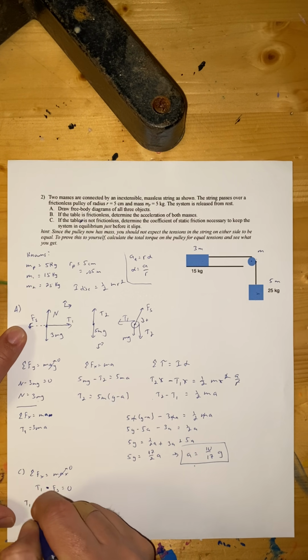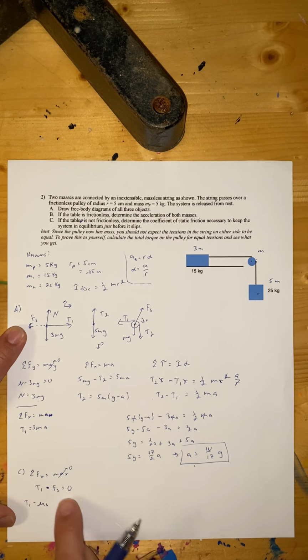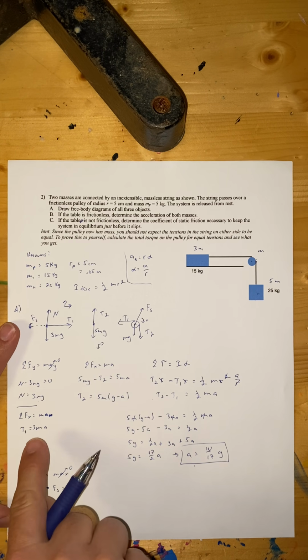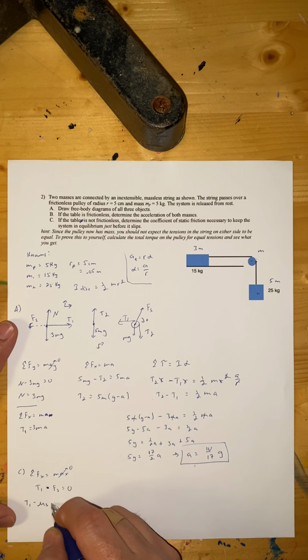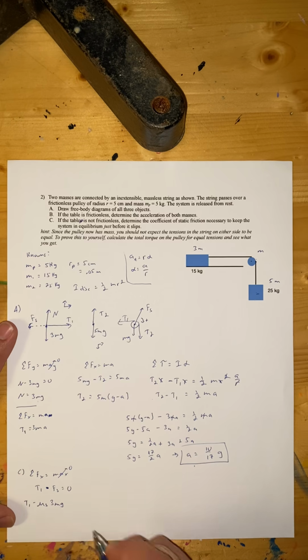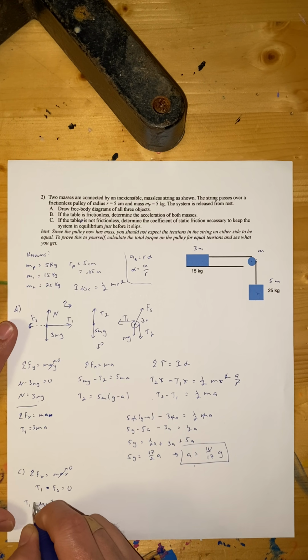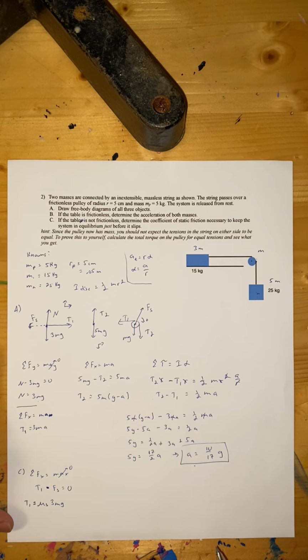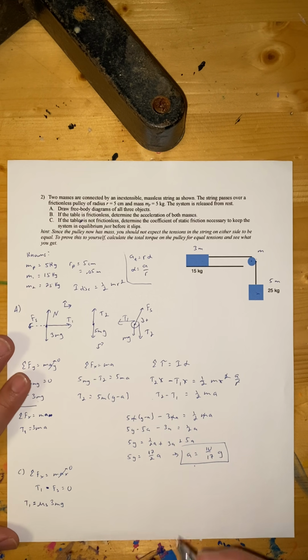So that's T1 minus mu static. Now, what's the normal force? Well, it's right here. Mu static times 3mg. And that's equal to 0, so let me just move that over and say that T1 is equal to mu static 3mg. All right, so I could solve for mu static from here. That's what I'm looking for, but I don't know what T1 is, right? So we have to slow down on that one.